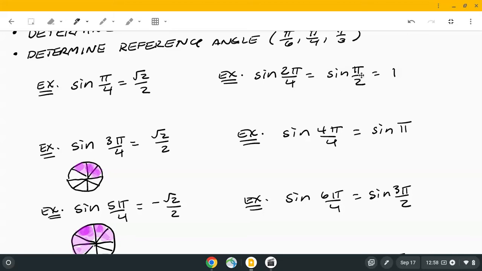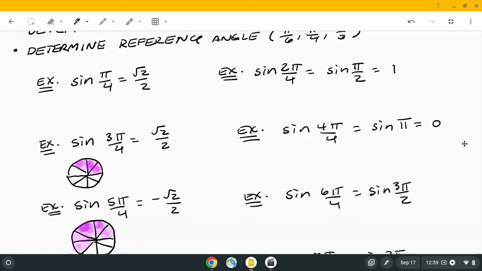2 pi over 4 reduced to pi over 2. Pi over 2 is 90 degrees, and so we got 1. Here, 4 pi over 4 reduces to just pi, and pi is 180, so sine of 180 is 0.